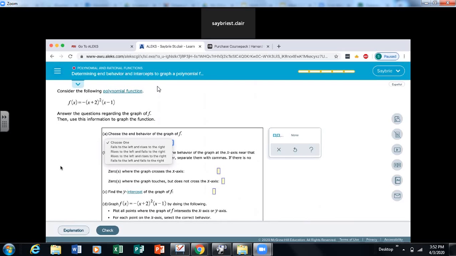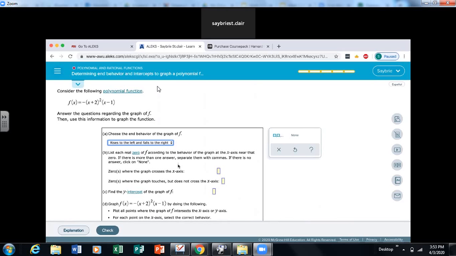So if you look at those other cases, those pictures that we took, it matches case number 2, right? Yep, rises to the left and falls to the right. And I can see on my Desmos picture it does that exactly.